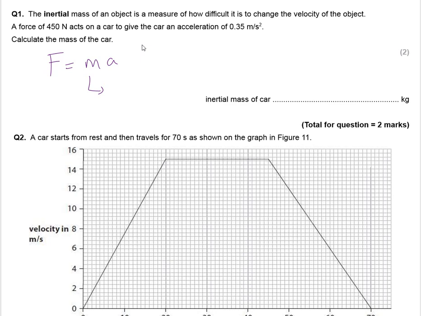Now, we're looking for mass, so we have force on one side, which stays force. Acceleration, we want to get rid of it, so we have to divide by acceleration. So this becomes force, which is 450, divided by 0.35. Make sure that we're using a calculator in this case to get our answer. Okay, so this is my answer in this case.